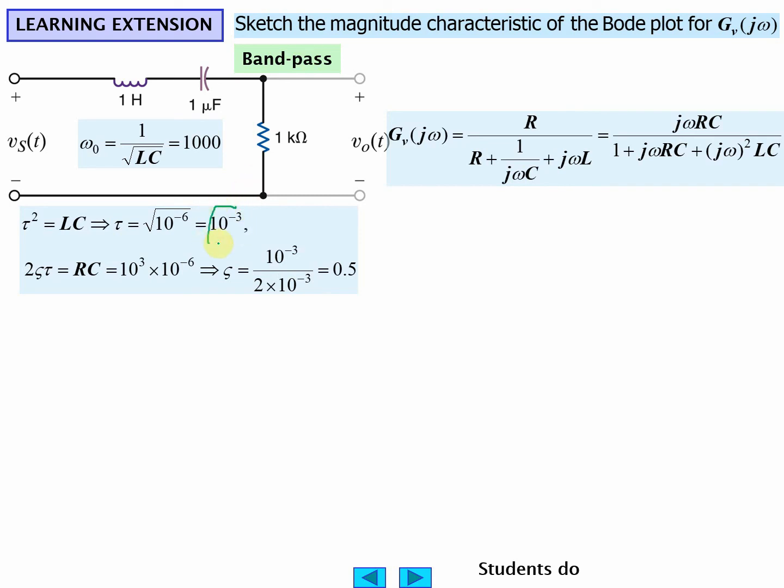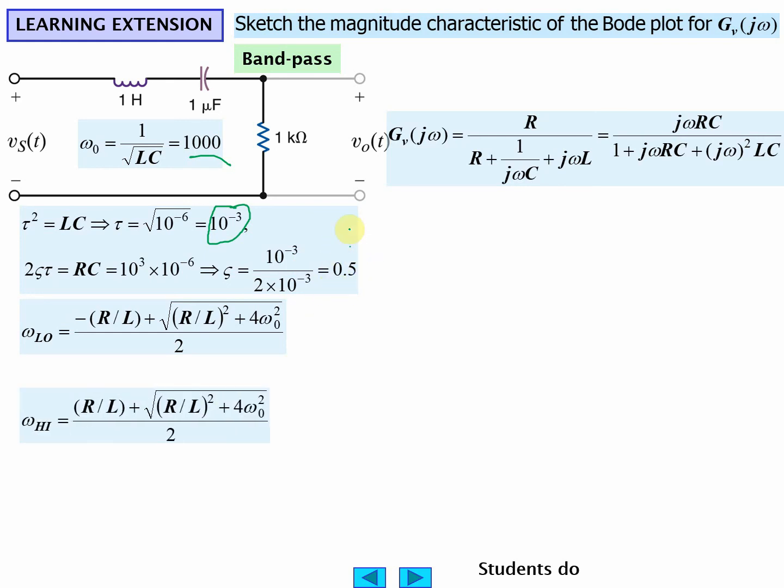Tau equals 10 to the negative third. Omega naught is going to be 10 to the third. 2 zeta, remember, is the bandwidth, or excuse me, the quality. We get omega low, omega high. We're going to find the bandwidth of this thing.